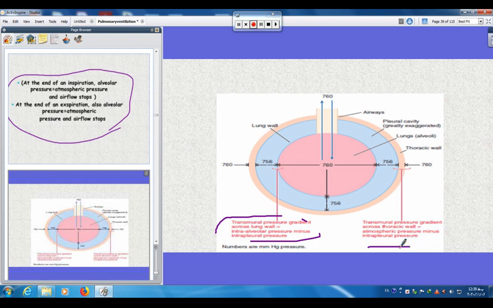You can see the pressure in the pleural space is negative in comparison with the atmospheric and the alveolar pressure. Here you can see the lung wall, the airways, and the pleural cavity, greatly exaggerated, and the alveoli and thoracic wall. This figure shows it.